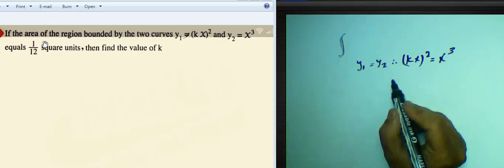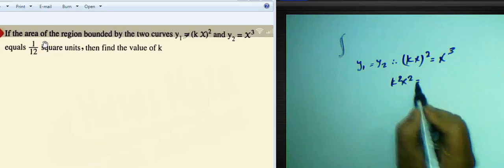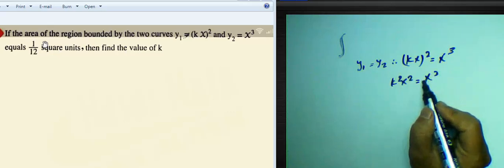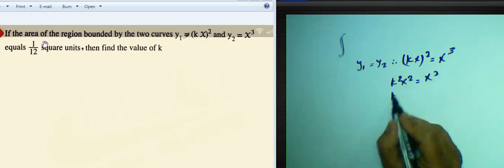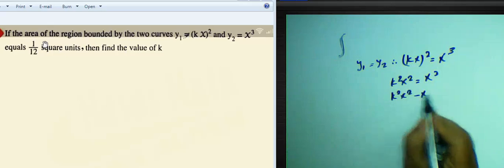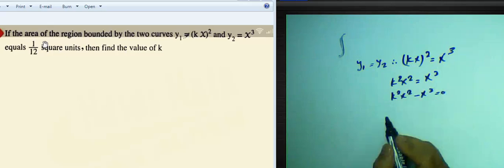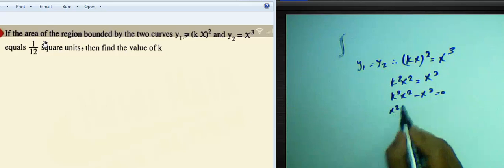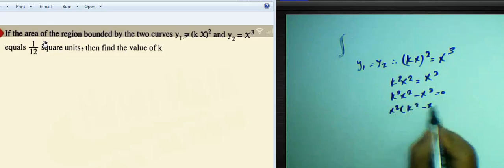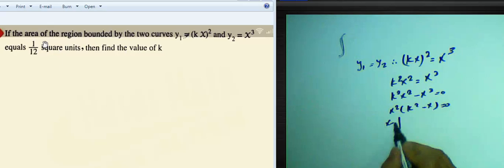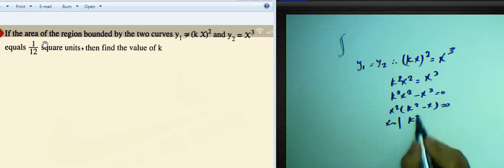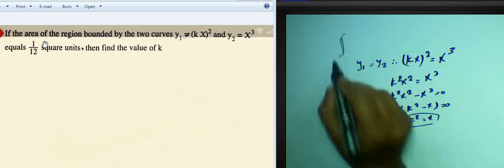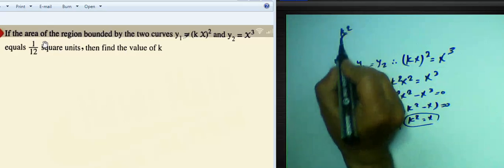Then here k²x² equals x³. Moving it here, it will be k²x² − x³ = 0. And write the x² coefficient between them, the result will be k² − x = 0. Then x will equal 0 and k² equals x. Then x will go from 0 to k².